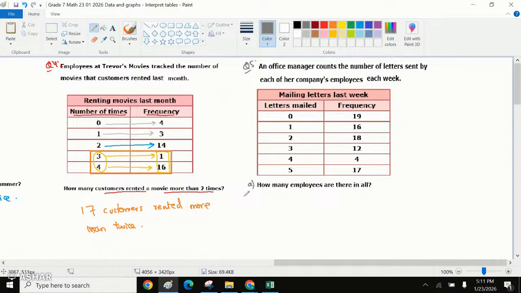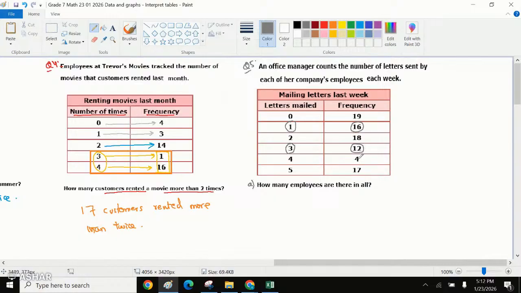Let's suppose this is part A. So what they're saying is 0 letters were mailed by 19 employees. There were 16 employees who mailed a single letter, 18 employees who mailed 2 letters, and 12 employees who mailed 3 letters.